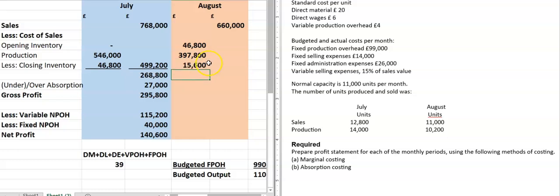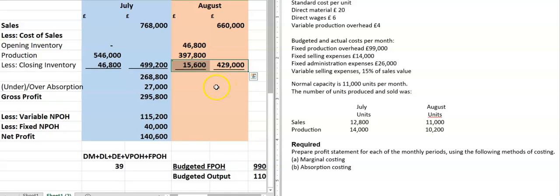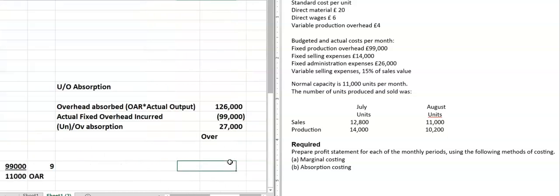Quite simple as that. So let's sum here: this one plus this one minus the gross. So you get 429,000. We are doing the same thing, right? Then what is the gross profit before the adjustment? That is 660 minus 429. This will be 231,000.